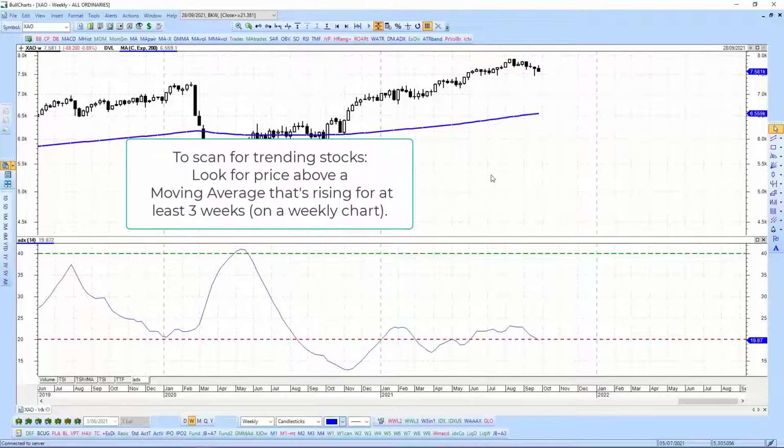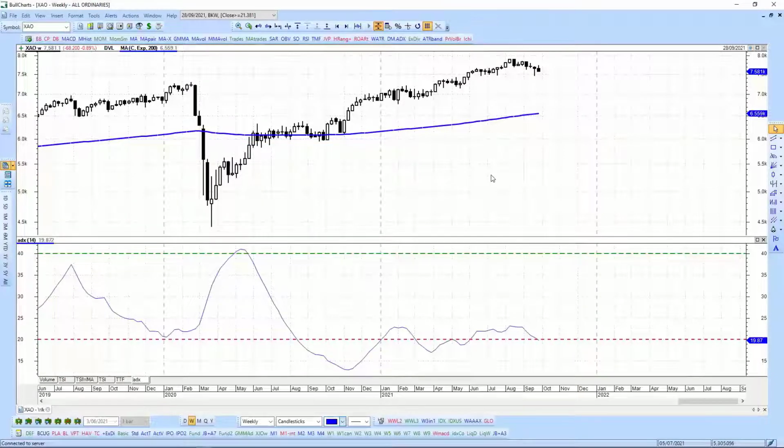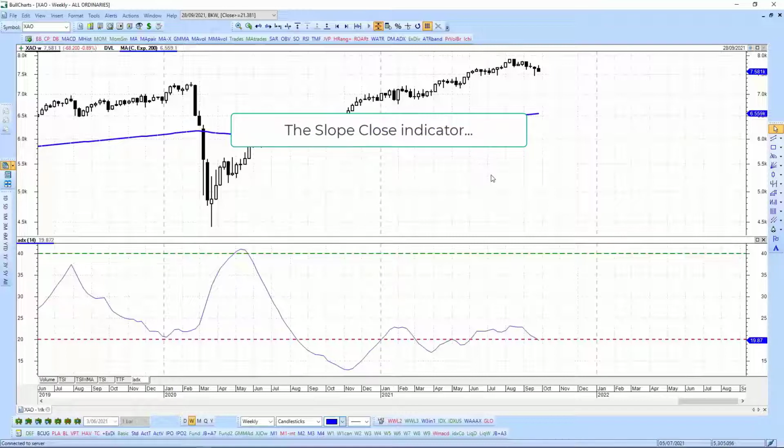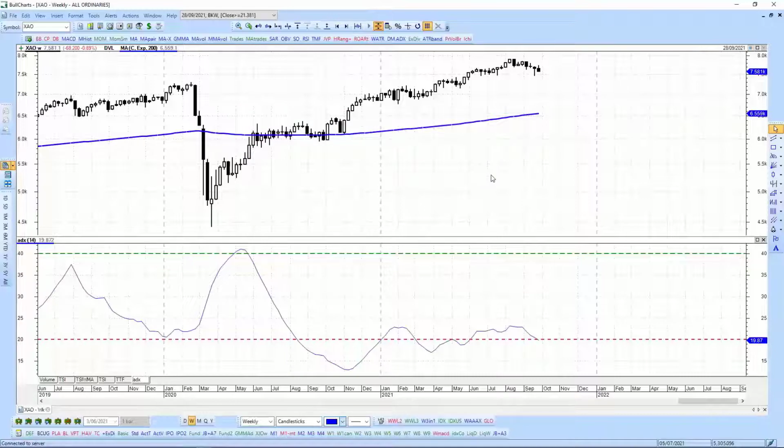I scan mainly weekly. And then I have an indicator that I picked up somewhere, called a slope indicator. I just base that on a 20 period, and you can rank to a rough degree, not always, the ones that have a better slope than others. It's not foolproof, but that's sort of the way I look at things.